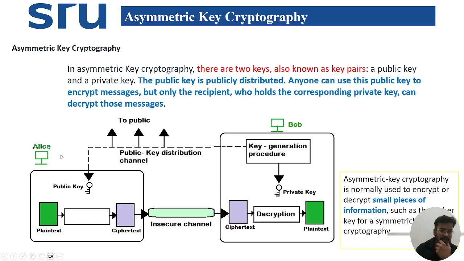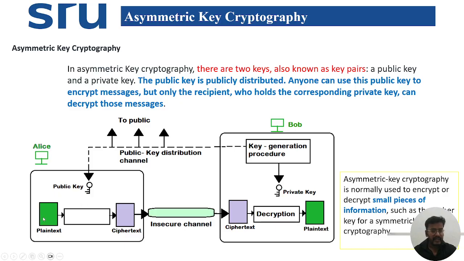So here, when Alice wants to send a file to Bob, the public key can be accessed by anyone, but the private key can only be accessed by the person who knows it, to decrypt and read the file.